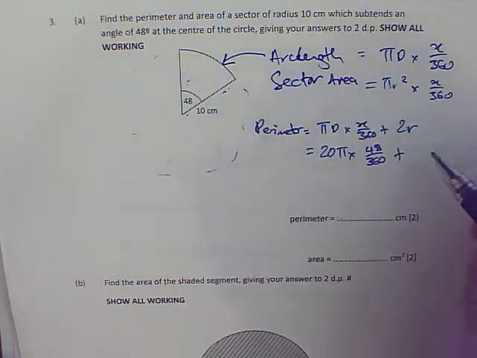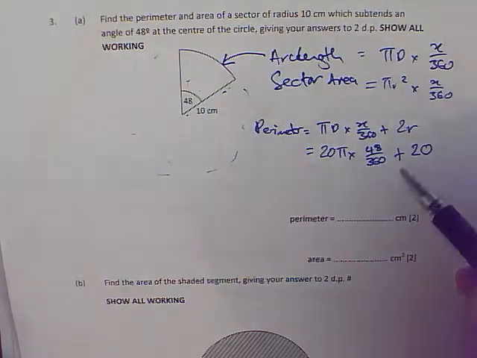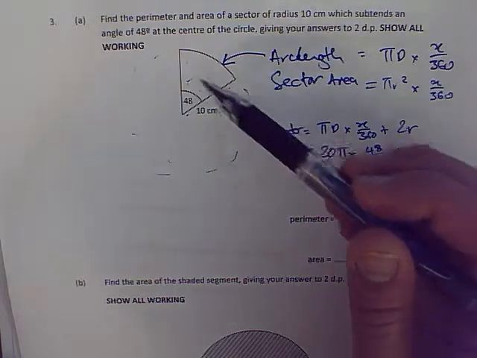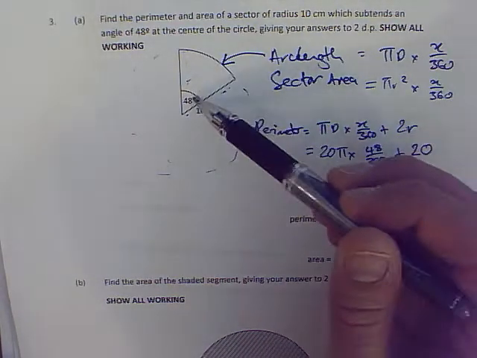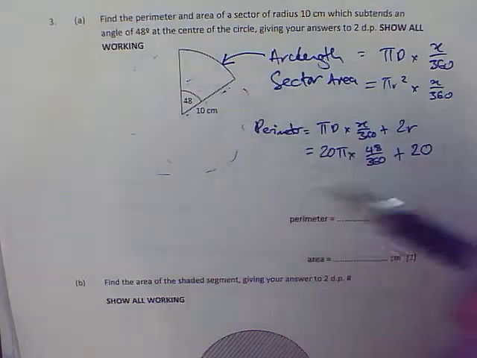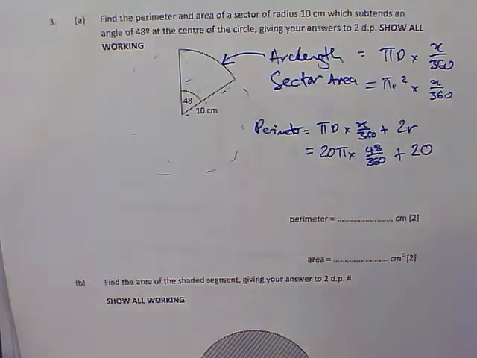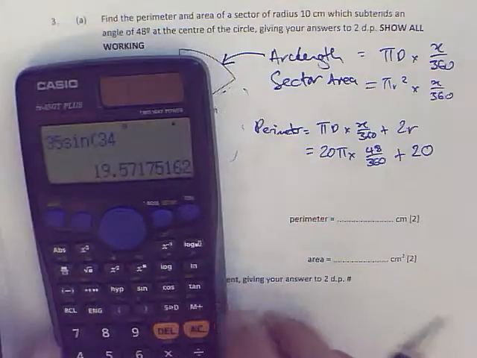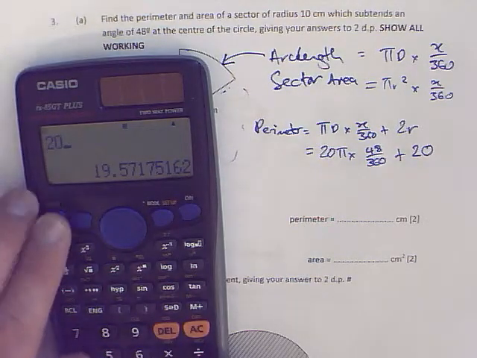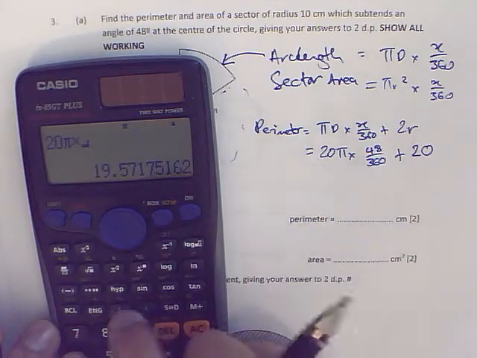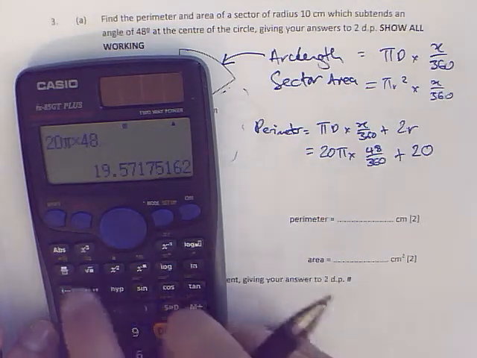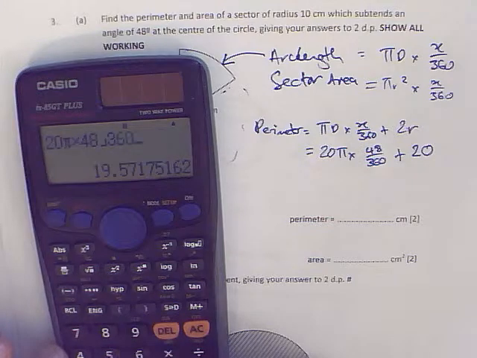The radius is 10, so the diameter is 20, so this is going to be 20 pi times 48/360ths of the whole circumference, and the two radii are both 10, so double the radius is 20. I hope that makes sense and I haven't confused you with all the formula here. Basically, we're looking for the fraction of the whole circle that gives us the arc length, 48/360ths, plus 10 plus 10.